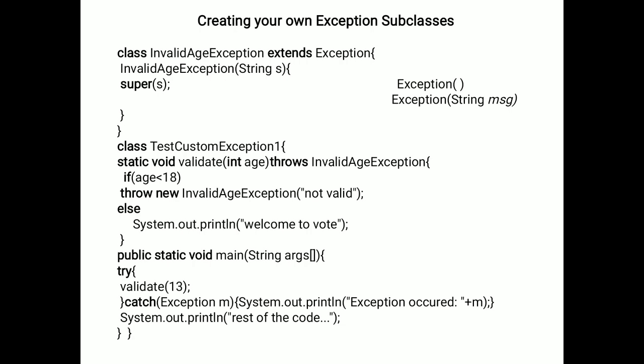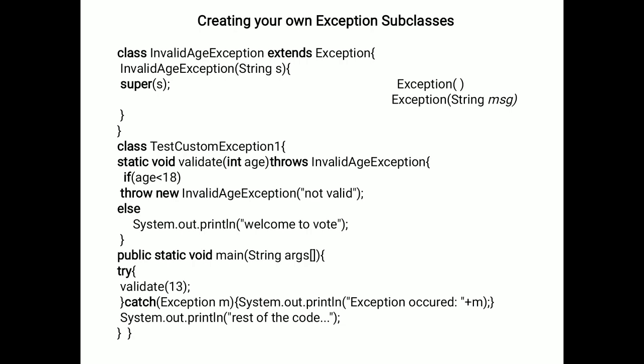Inside that I have written the constructor, and the initialization part will be taken by super. That is nothing but it calls the constructor of the Exception class. We already discussed the use of super.